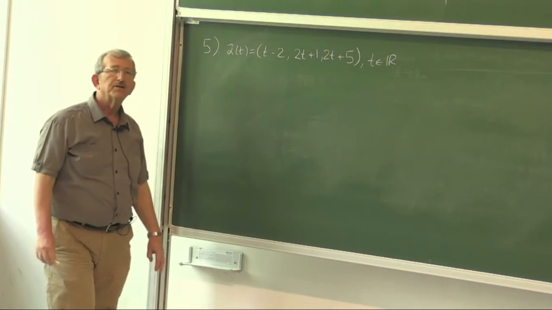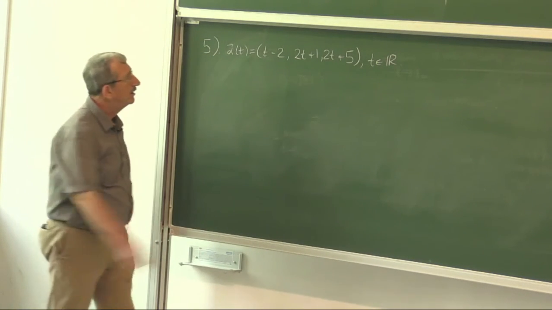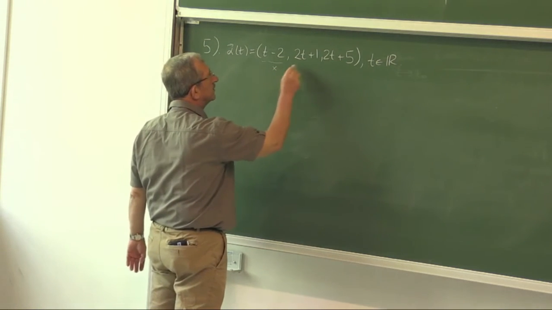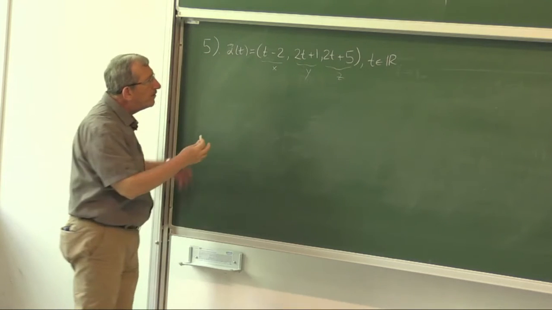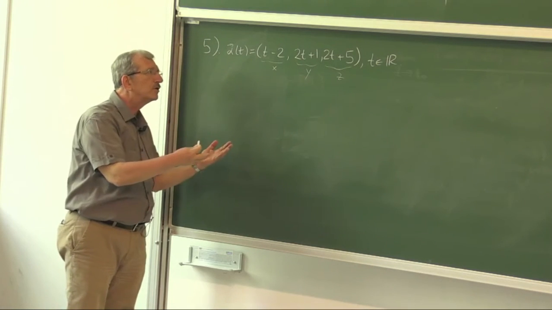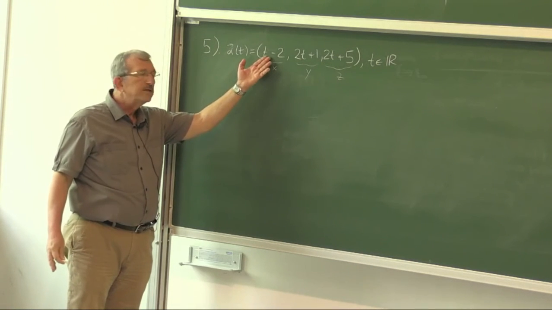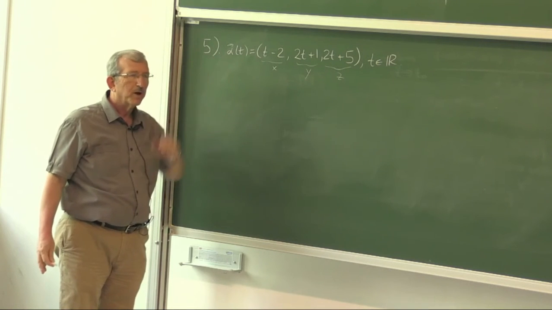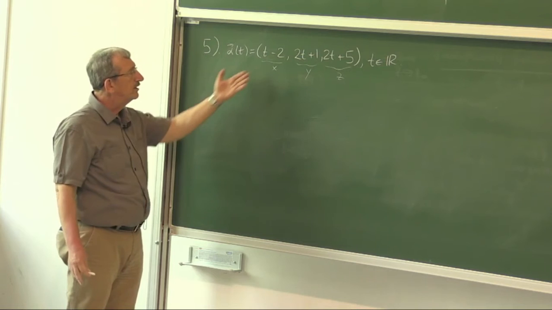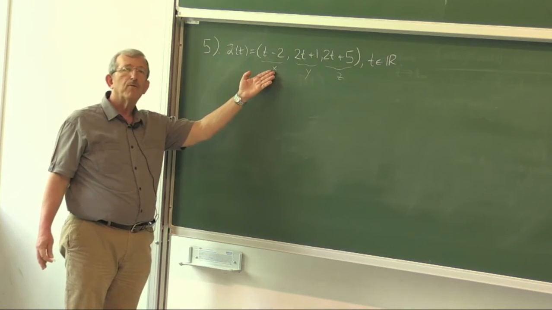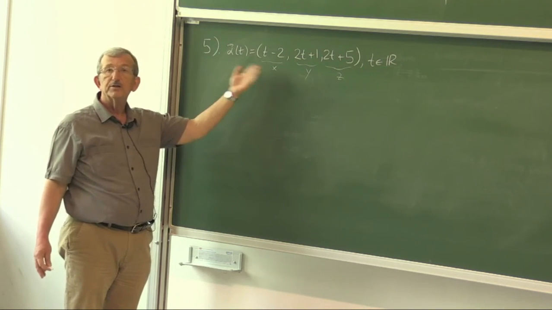And we recognize it in a very simple way. That is, this is our x, this is our y, and this is our z. And all of them are represented in terms of t's, where we don't have any squares or anything. So this is actually a parametric formulation of a straight line in space.